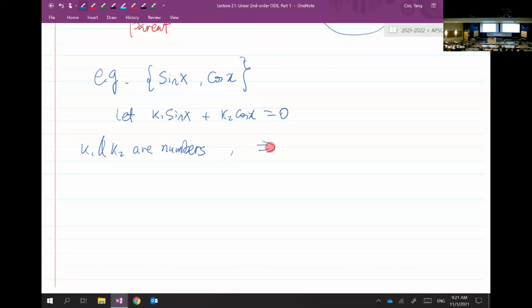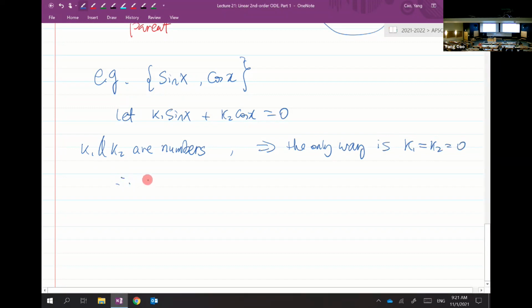So the only way to make this expression 0 is to let the two numbers equal 0. That's the only way. So according to theorem number 2, the two functions must be linear independent.